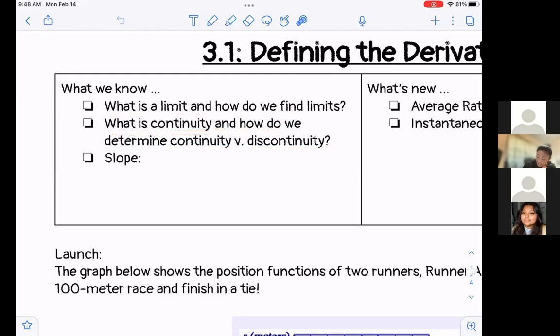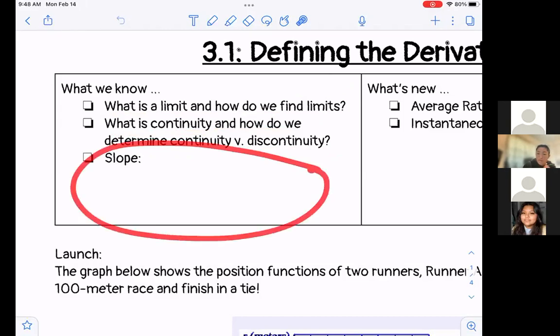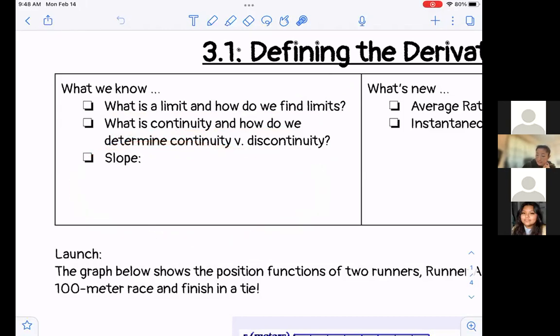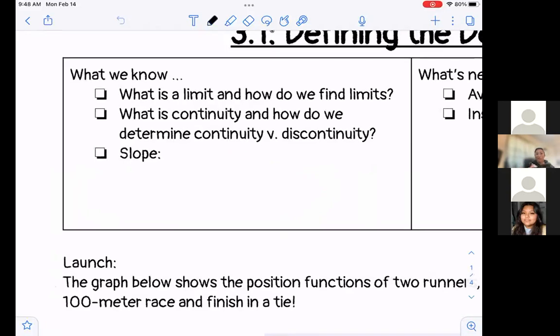And the last thing that we're going to talk about here is slope. This we haven't seen in our class yet together, but I want us to do a little bit of a Monday morning brain dump on slope. What do we know about slope? Tell me things that pop into your brain when you think about slope.